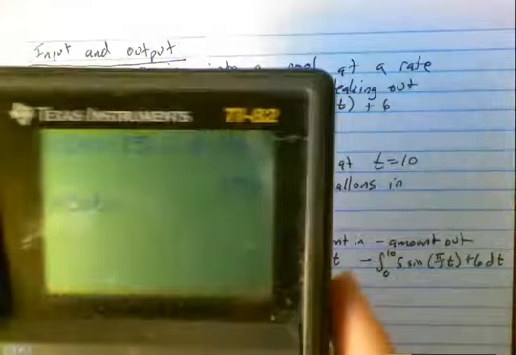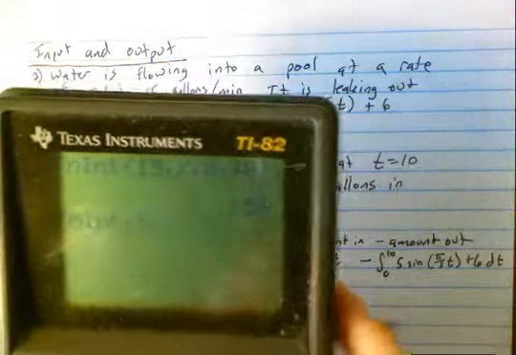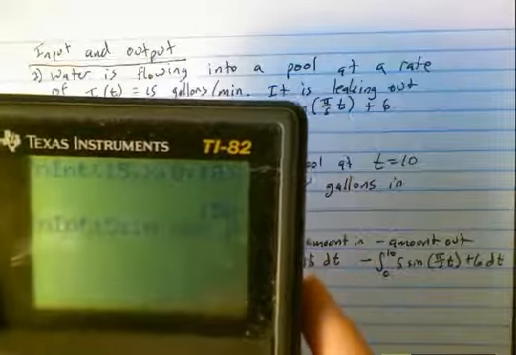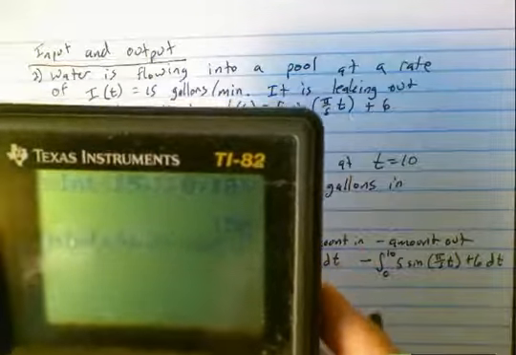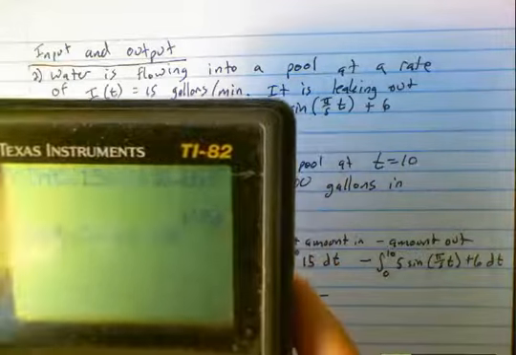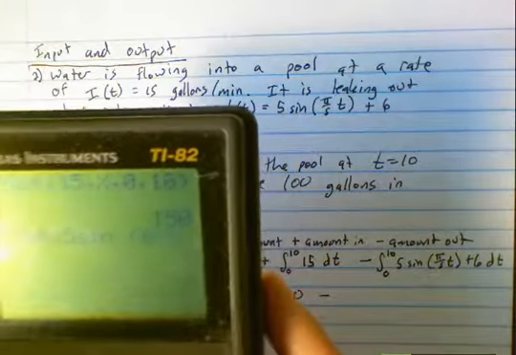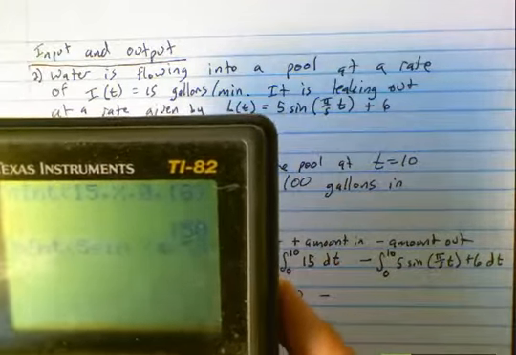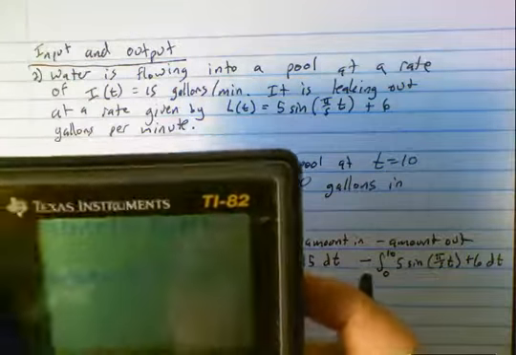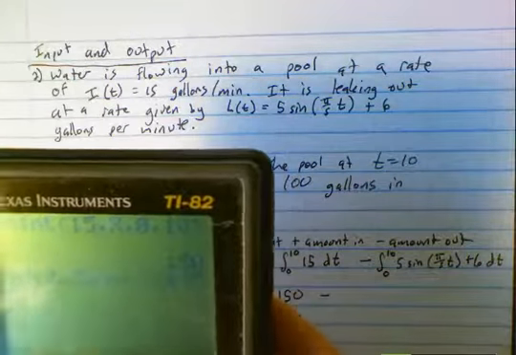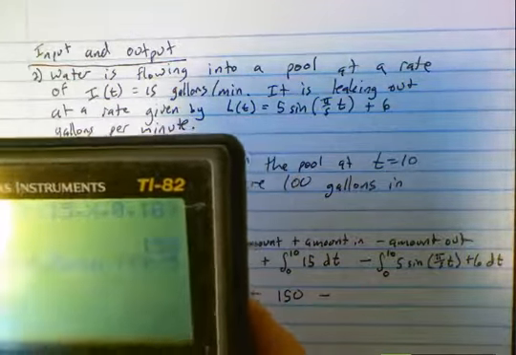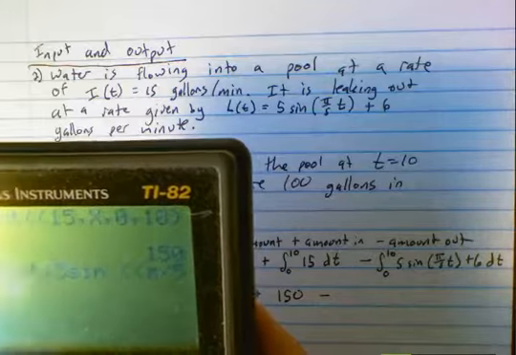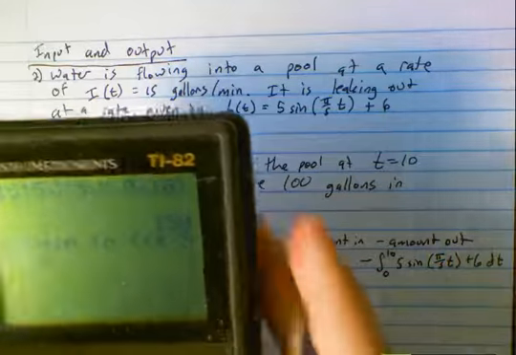Math 9. 5 sine of... Whoops, that's not it. There you are. Pi divided by 5. Need another parenthesis. Times t plus 6.